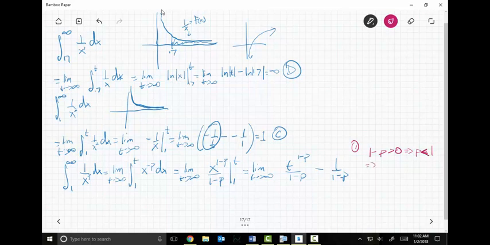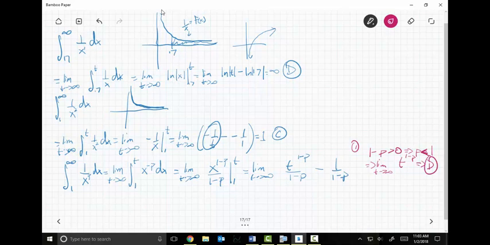Doesn't this imply that the limit as t goes to infinity of t to the 1 minus p, if it's greater than 0, is infinity raised to a number that's greater than 0? If you let infinity be raised to any number greater than 0, then we are definitely going to diverge. There's no doubt about it. Because infinity always wins.